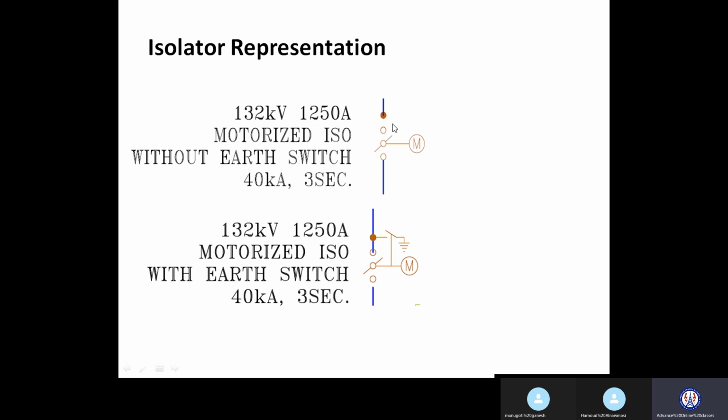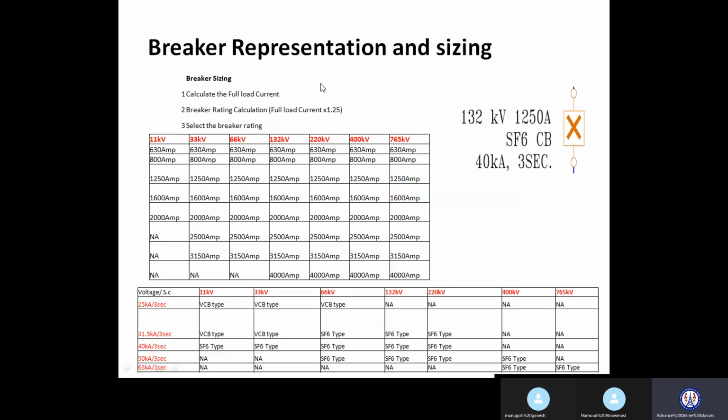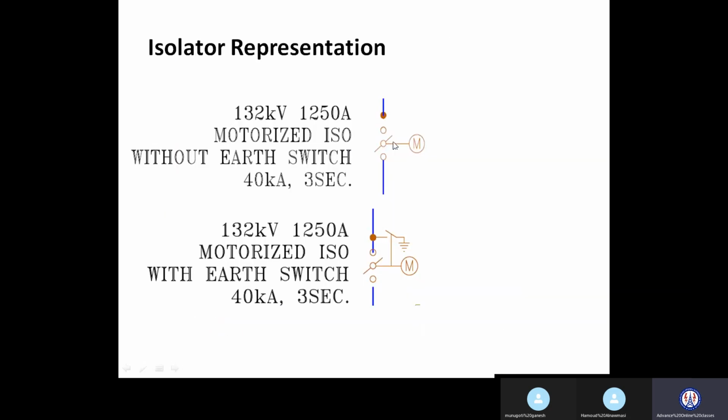Now, how do we do the isolator representation? For example, this isolator is used in a feeder whose voltage rating is 132 kV, so your isolator voltage rating is 132 kV. The current rating representation is similar to the breaker. Whatever current ratings of breakers are available in the market, the same current ratings of isolators are available.